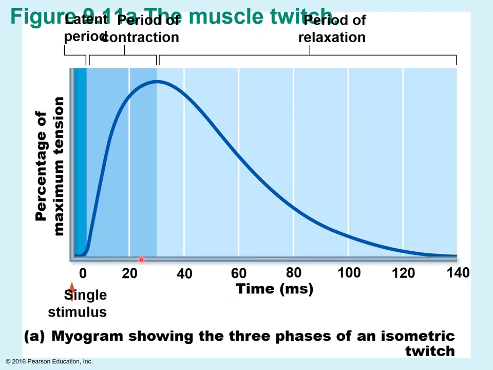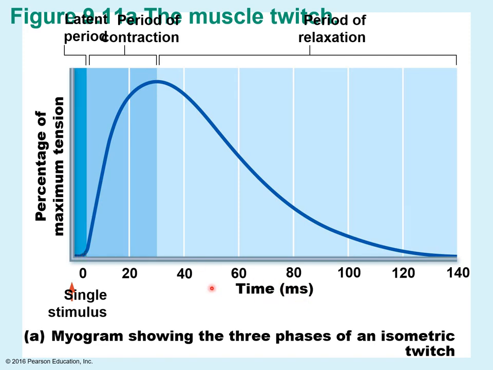resting state. So here is your latent period in this darker blue right here. Here's the contraction period. You've got the cross-bridging occurring. So this is the acetylcholine binding to the muscle. You've got the influx of sodium, depolarization occurring, that action potential traveling down the sarcoplasm, all those events, but it's very quick.